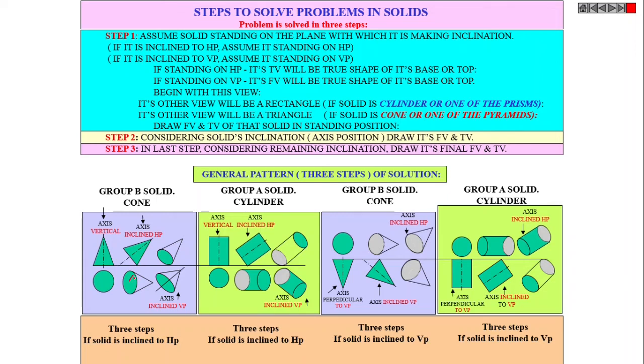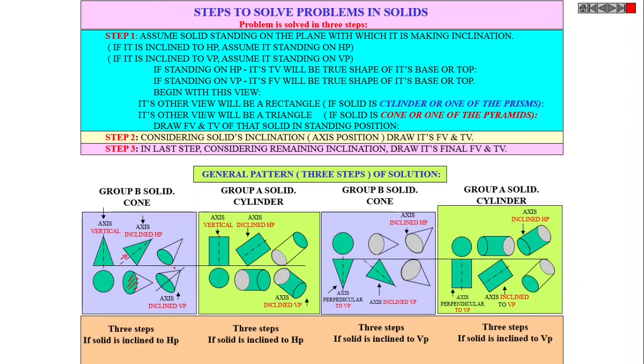This bottom face is not visible, that means these curved parts are in broken lines. This bottom circle is not visible in the top view, but this boundary is visible.